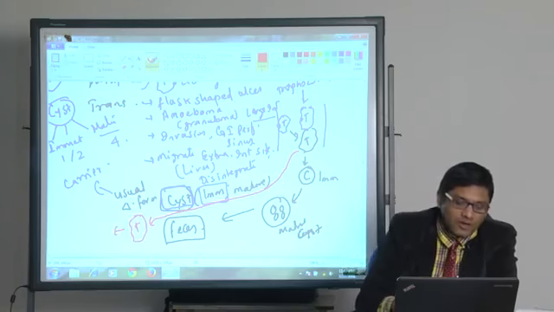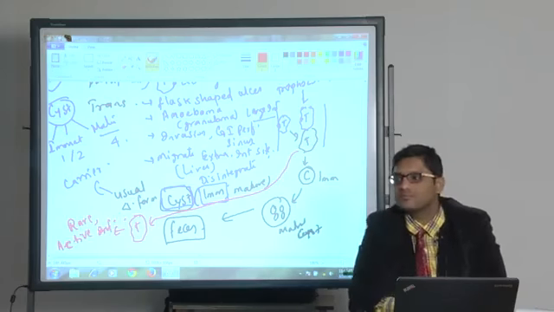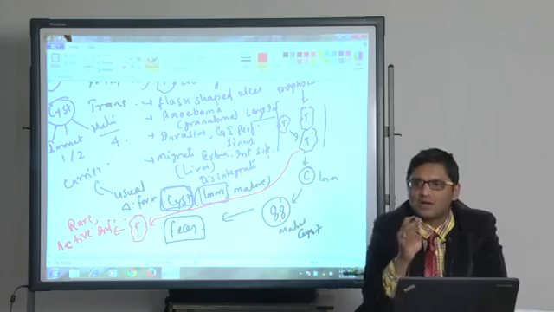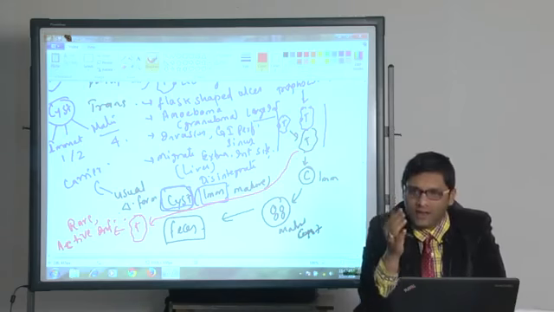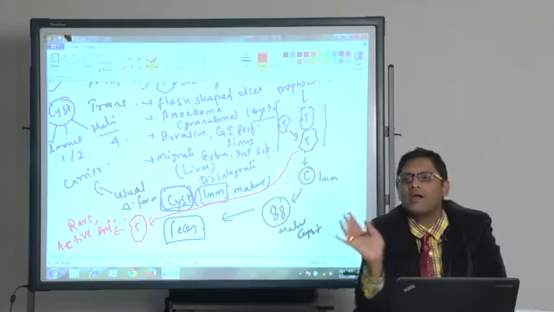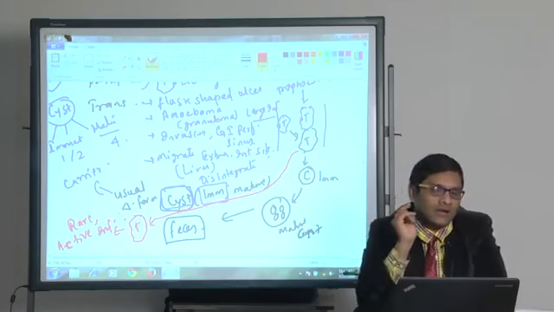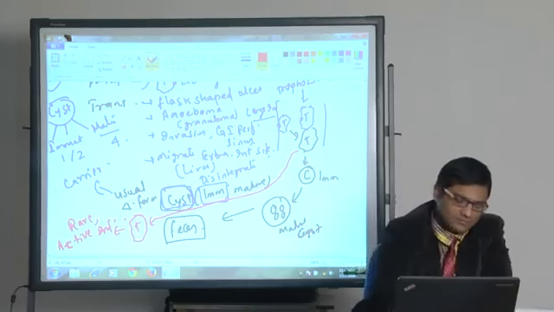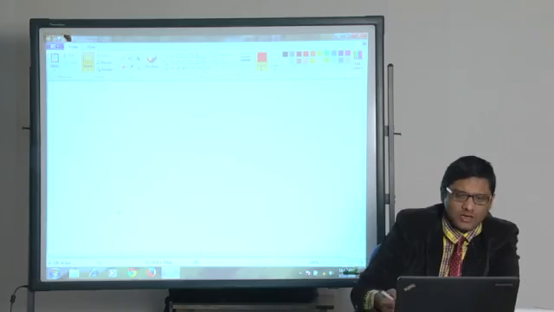Presence of trophozoite, though rare, confirms active infection. Okay. So, this is what you have to remember. Cysts are the routine diagnostic form, but they indicate carrier state. They cannot differentiate active and carrier stage, whereas trophozoites are released once in a while, but if they are present, they confirm the active infection. Okay. So, this is all about it.